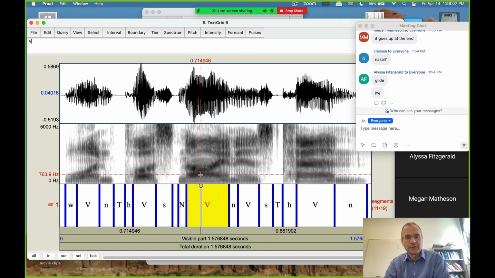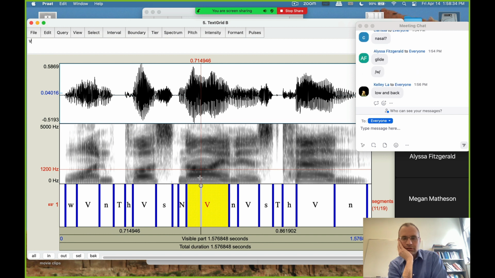It starts out with high F1, low F2, and then F1 becomes lower, F2 becomes higher. So maybe we could start with this part and say, if I have high F1, low F2, where does that put me in the vowel space? Low and back. So what's a good example of a low and back vowel?